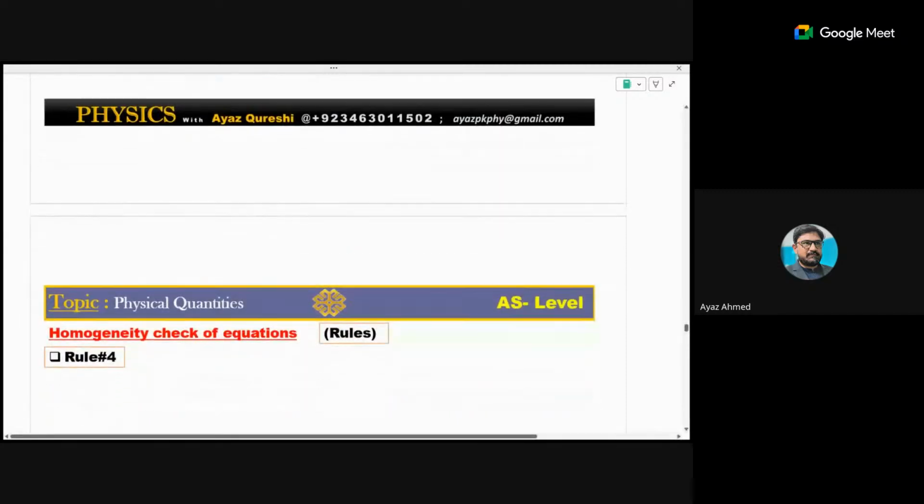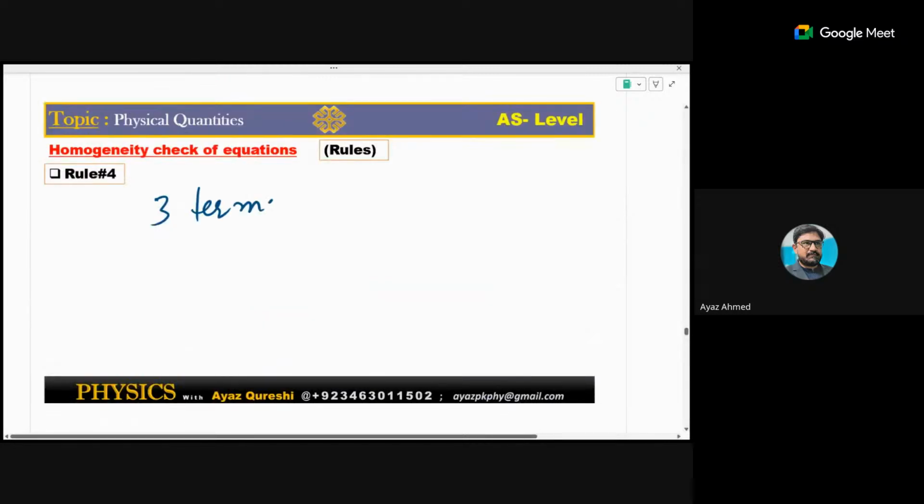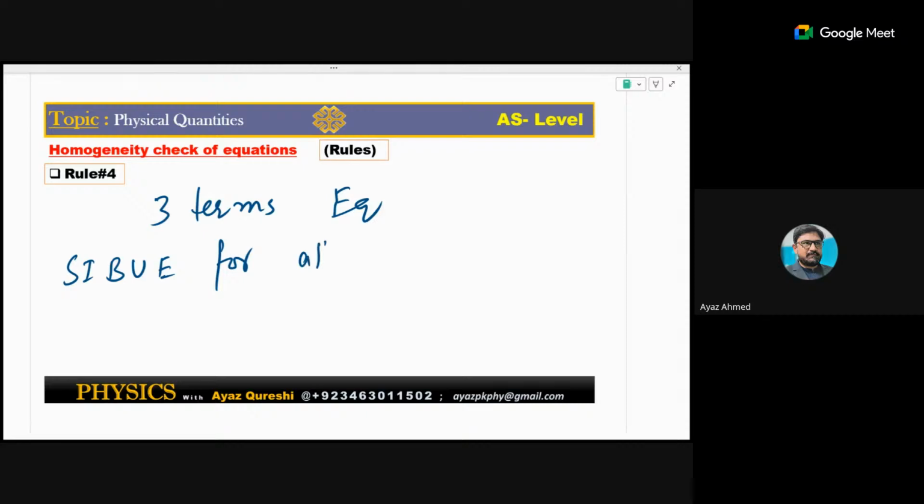For equations with three terms, the SI base unit expression for all terms must be the same.